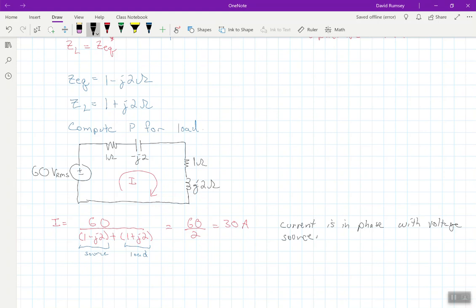So the current is in phase with the voltage source, which means the voltage source is delivering maximum average power, and that's because of the power factor for the voltage source.